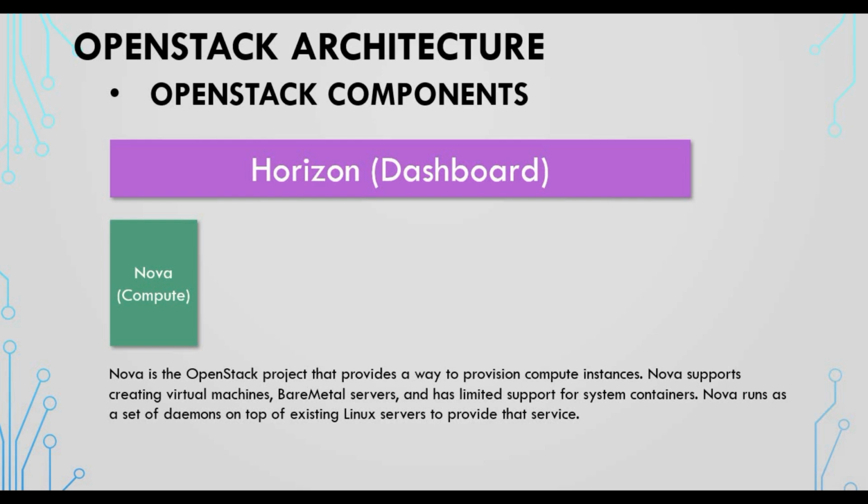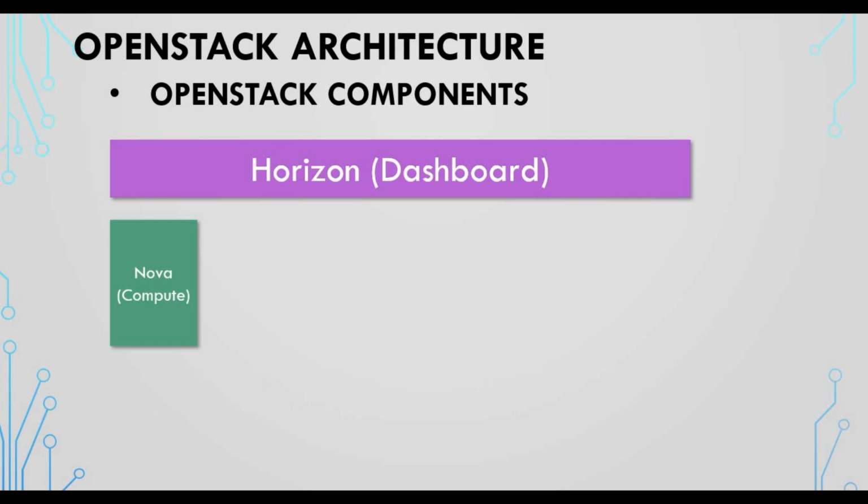Nova runs as a set of daemons on top of existing Linux servers to provide that service. As I mentioned, once you log into the OpenStack environment, you have options to create Nova or compute services. Once you create them, you will get VMs or servers. That is the compute engine part, which is the Nova service.